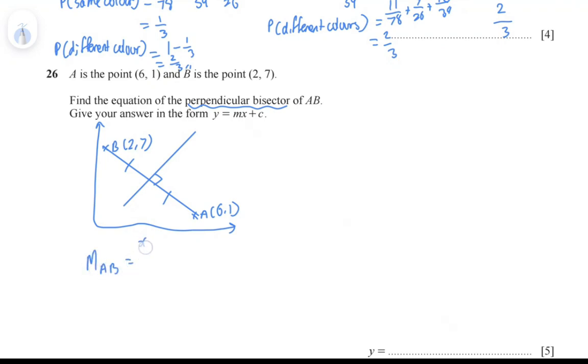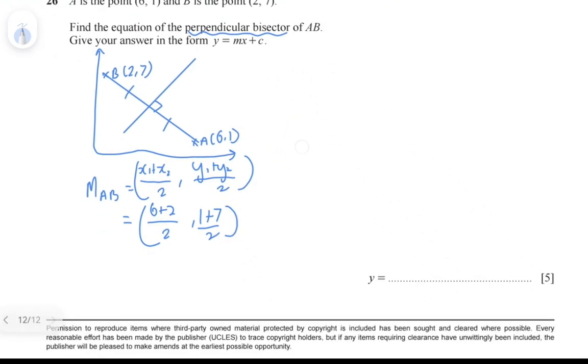So to do that, that's x1 plus x2 over 2 and y1 plus y2 over 2. So this gives us 6 plus 2 over 2 and 1 plus 7 over 2, giving us 8 over 2, giving us the midpoint of 4, 4.